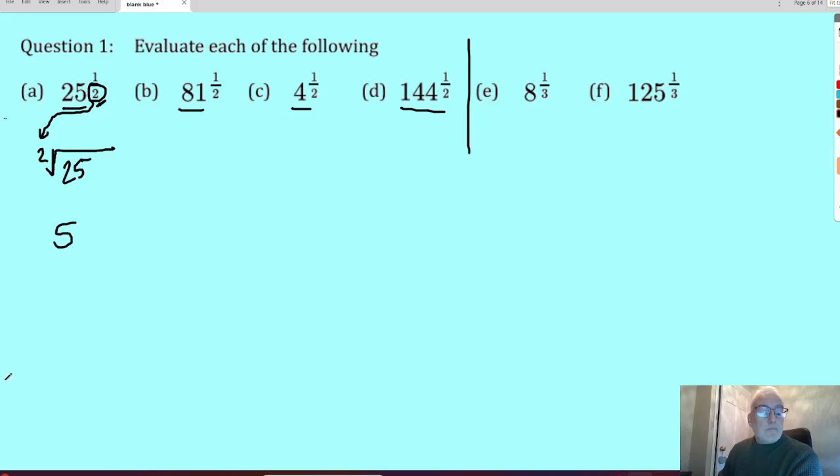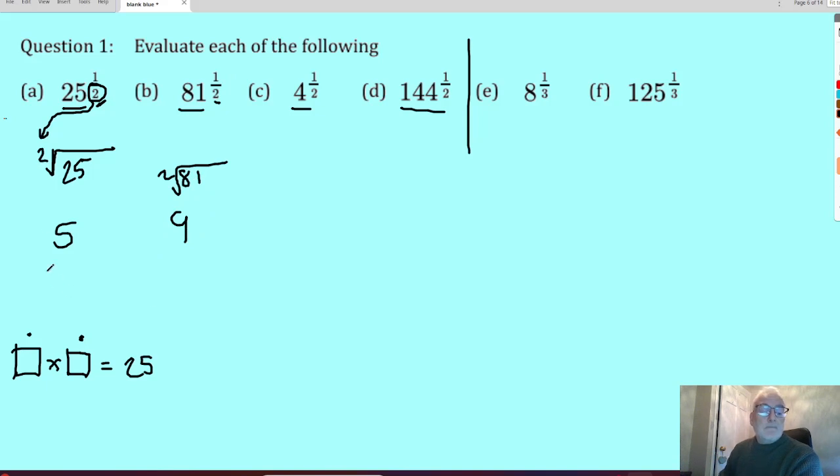Remember, a square root is something times something equals the number that's under the square root, and these two numbers have to be the same. So hence 5 and 5. Looking at B then, I'm just going to do the square root of 81 because the denominator is a 2, and we should know that 9 times 9 is 81.